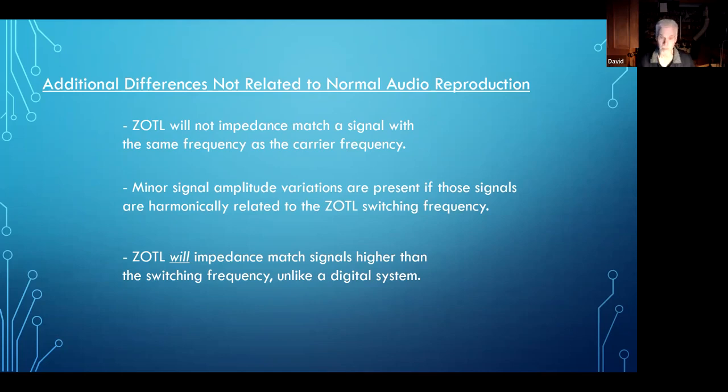You can't reproduce something that's less than twice the sampling frequency, or the sampling frequency has to be at least double the frequency of the signal you're trying to reproduce. With the ZOTL, that's not a limit. You just can't do it at the frequency, but you can do it above if you wanted to. If everything else had adequate bandwidth, you could do it.